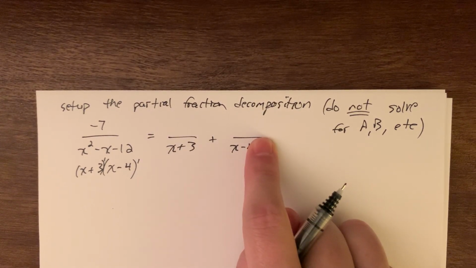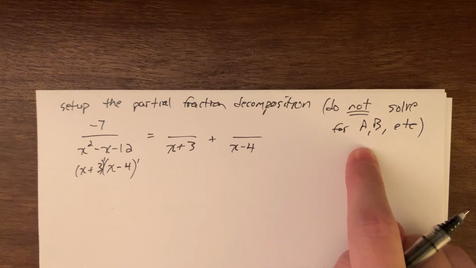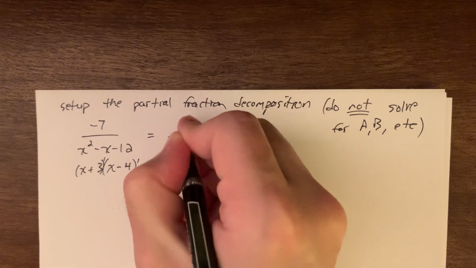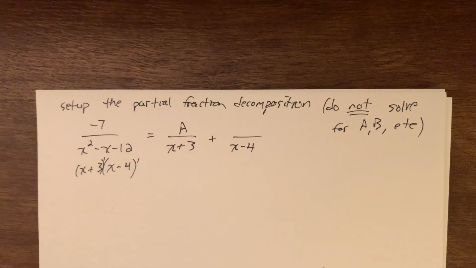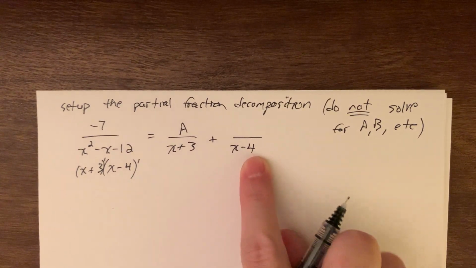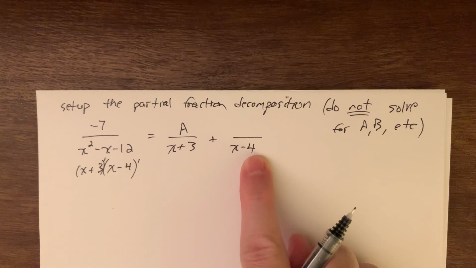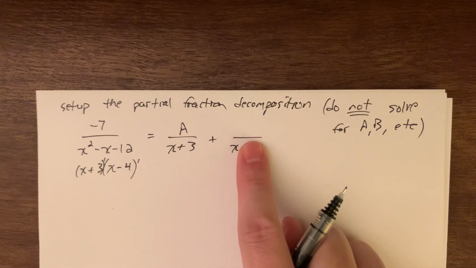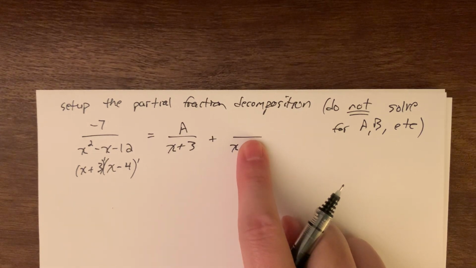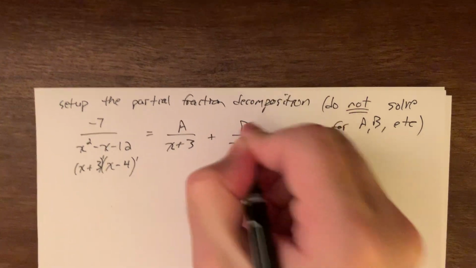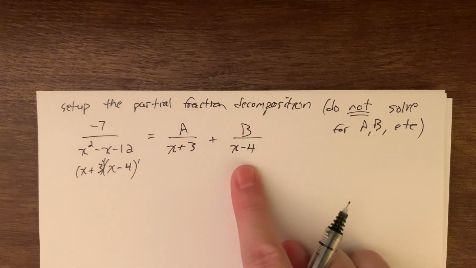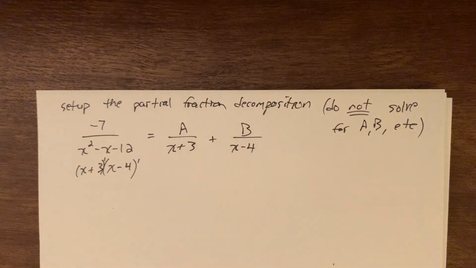We just don't know what that number is, and that's why we're going to use letters like this. So I don't know what number goes on top of this fraction, so I'll just assign it an A. And then I don't know what number goes on top of this fraction. There's no good reason for me to think that these could be the same number. They might, we might get lucky, but there's no good reason for me to think that. So I'll use a different letter. That is the decomposition for this very first problem.